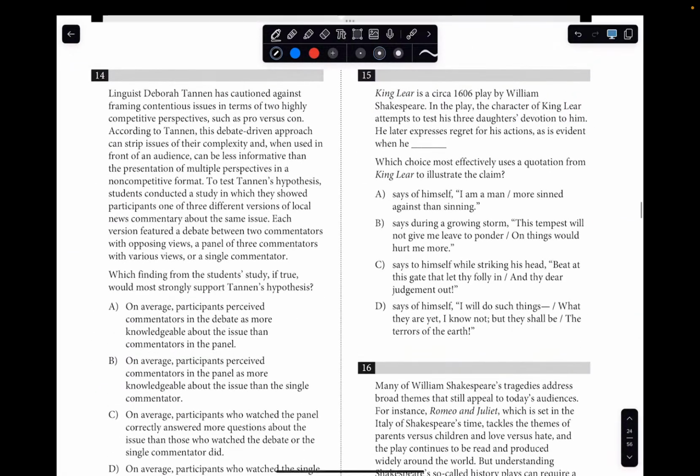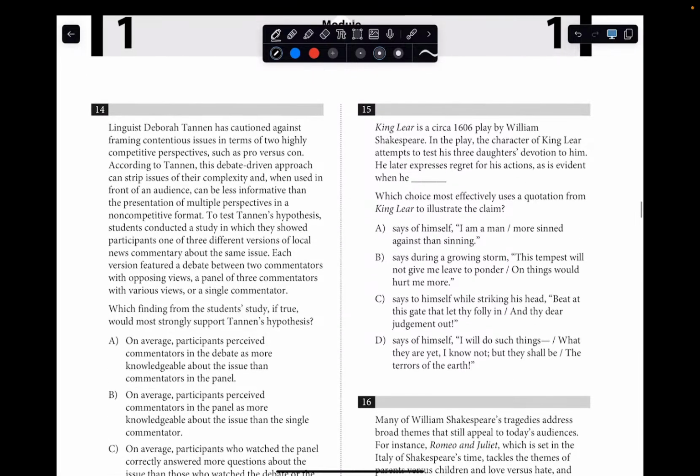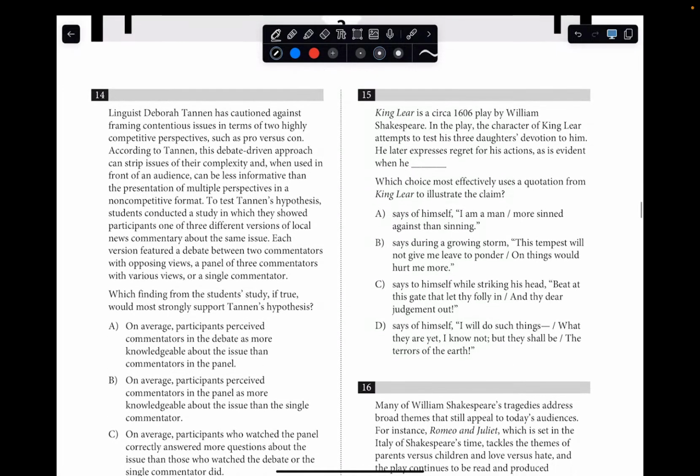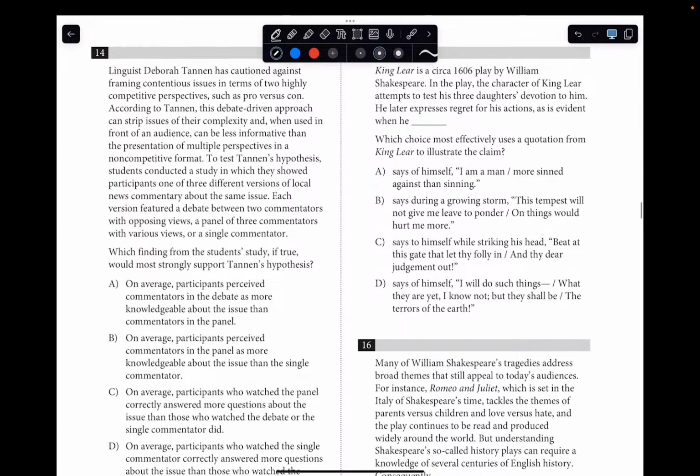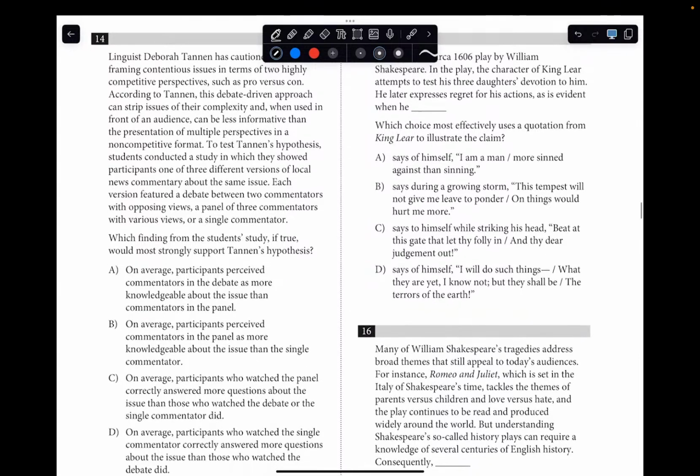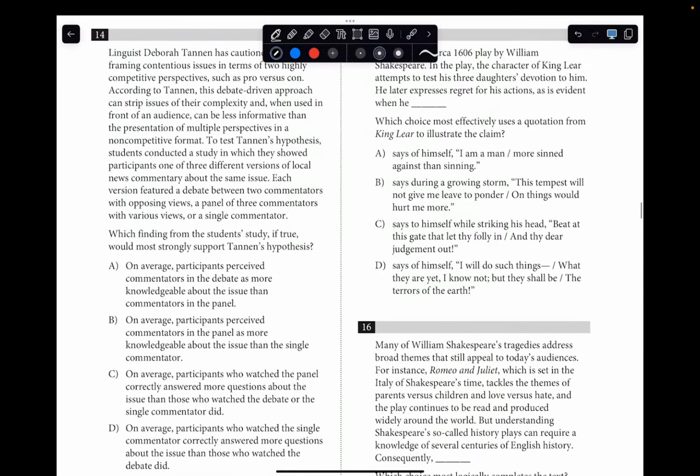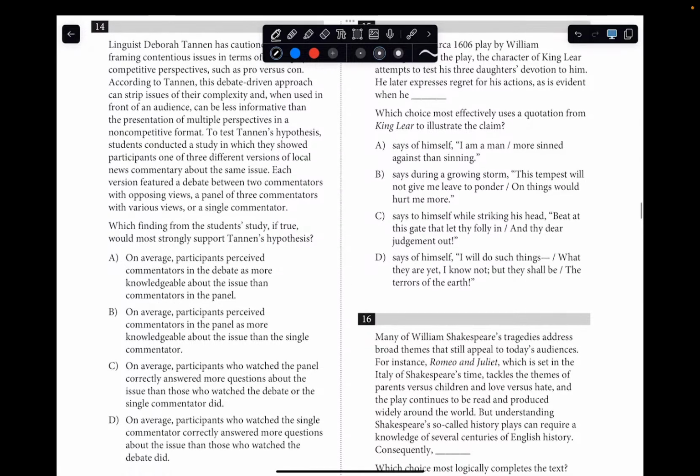14, linguist Deborah Tannen has cautioned against framing contentious issues in terms of two highly competitive perspectives, such as pro versus con. According to Tannen, this debate-driven approach can strip issues of their complexity and, when used in front of an audience, can be less informative than the presentation of multiple perspectives in a non-competitive format. To test Tannen's hypothesis, students conducted a study in which they showed participants one of three different versions of local news commentary about the same issue.